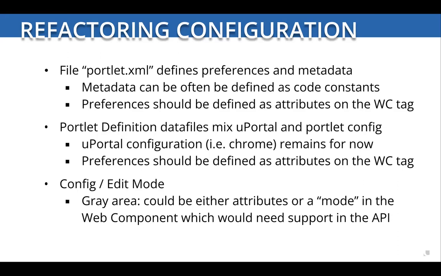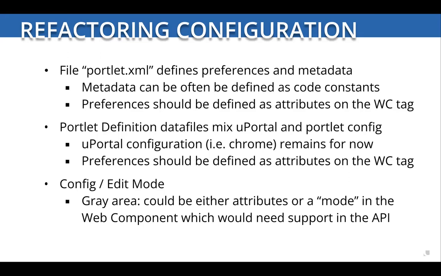But then once we have done that, we look at portlet definitions. Other than a couple of attributes that are specific to uPortal, a lot of the preferences are just pre-populated values of preferences. And so we don't have to dig too deep or spend too much more time looking at definitions.